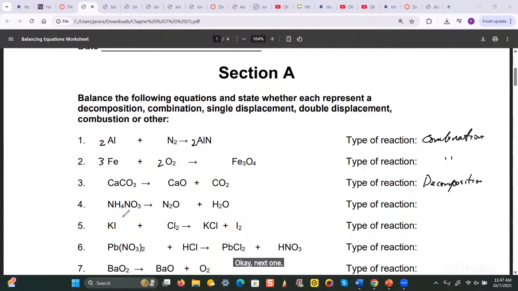Okay, next one. How will you balance this one? Water. Okay, I would agree with that. And what type of reaction is this? Decomposition. Okay, very good. What about number 5?